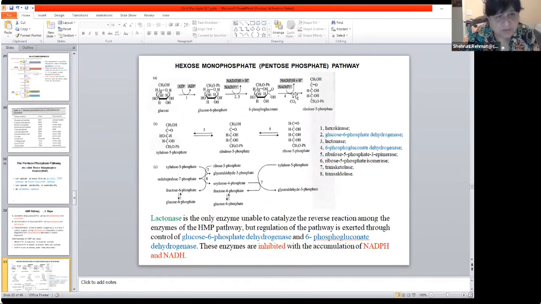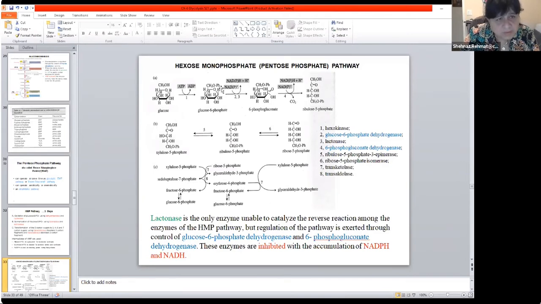Then the next step is also very unique, in which this is going to be a dehydrogenase as well as you are taking away a carbon dioxide. That one carbon is being lost here. So from a 6-carbon compound, you come down to a 5-carbon compound.